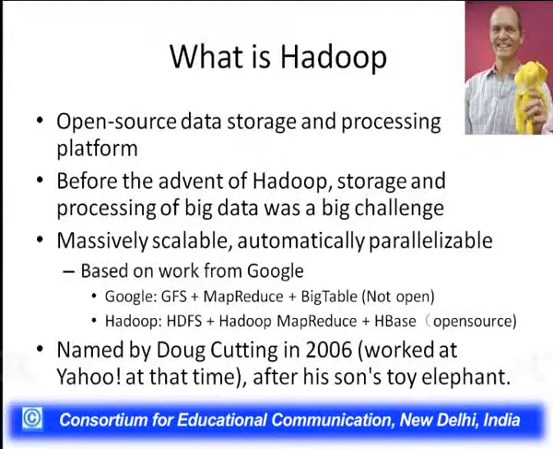Hadoop provides a massively scalable and automatically parallelizable platform. Hadoop is also based on top of Google file system and BigTable. But the difference between Hadoop and the Google file system is that the Google file system is not a public platform. It is not an open source platform. But the Hadoop distributed file system is an open platform, and it comprises the Hadoop ecosystem.